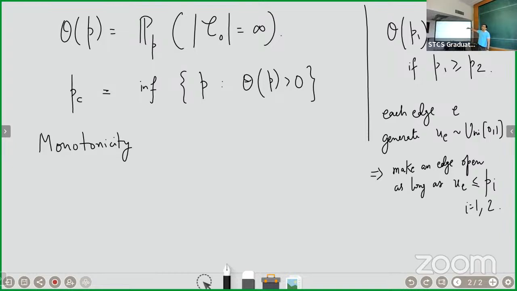Whatever event is happening in graph one necessarily has to happen in graph two, because it only depends on the number of open edges. If each open edge of graph one is also open in graph two, the connected component size cannot decrease. So that's why we have monotonicity. Now it makes sense to think of this as a sharp threshold. We know at 1 it happens, we know at 0 it doesn't happen, so it has to happen somewhere. It can't oscillate.